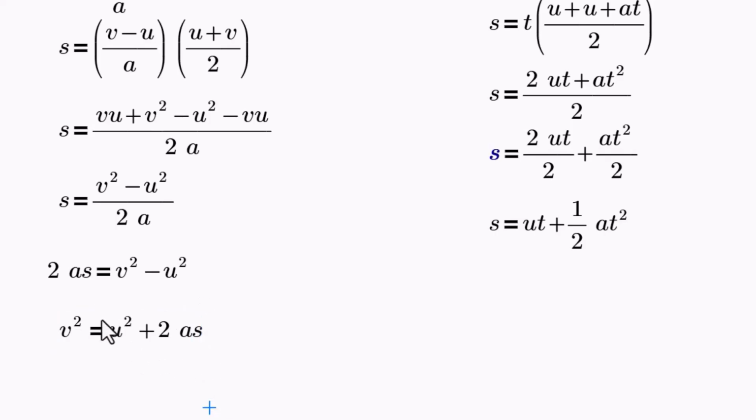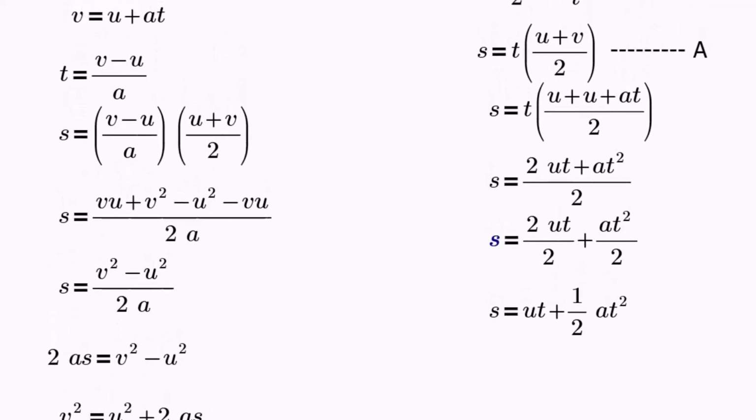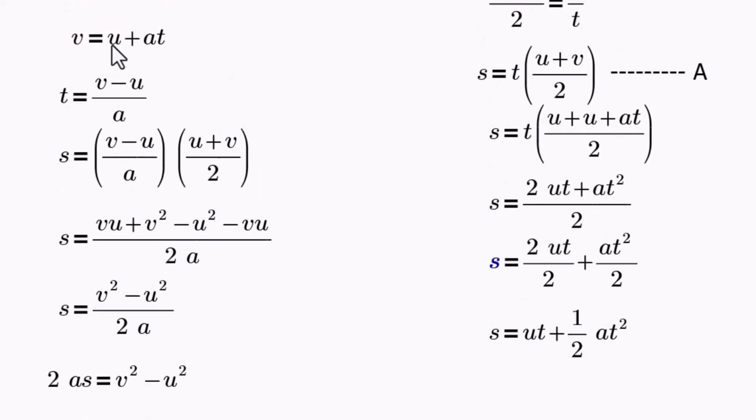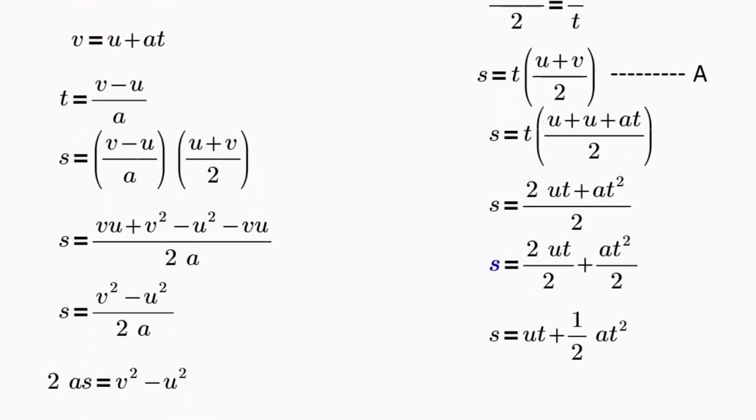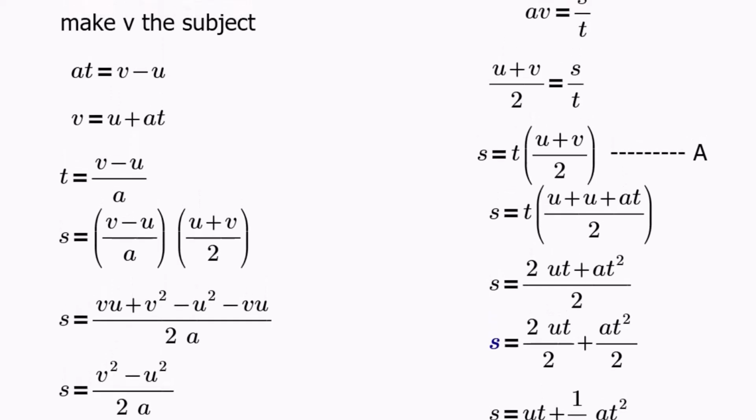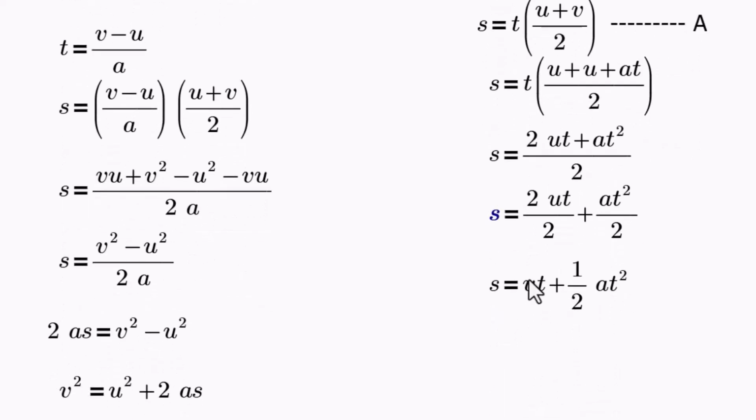So this is the third equation of motion. So take note of these three equations. The first one is v equals u plus at. The second equation of motion is s equals ut plus 1 over 2 at squared. And the third equation is v squared equals u squared plus 2as. Let me copy it into our slide and let's finish up our recording of this video.